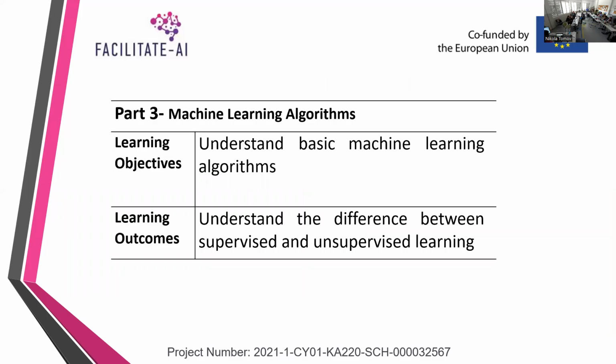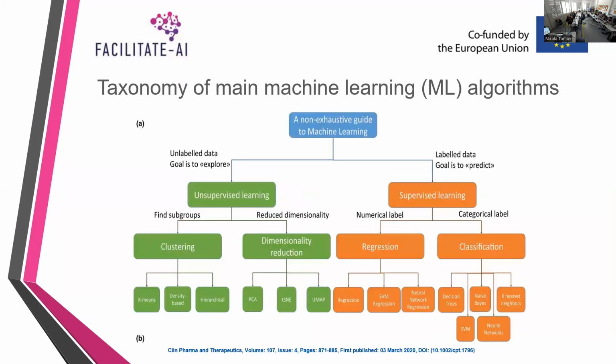So moving on to some examples of machine learning, a little bit deeper, but not too deep again. We have two types of data, as we said: labeled and unlabeled. In unlabeled data, we use unsupervised learning.